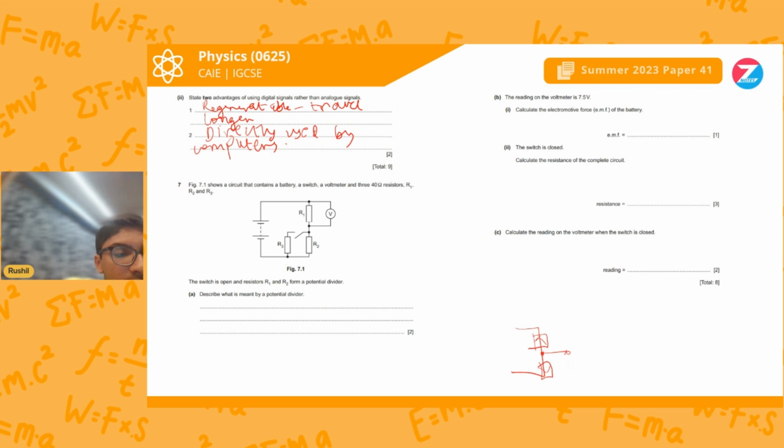So we can write it divides the potential difference or EMF or voltage, whatever you wish to write, into two different components based on the proportion of the resistances. So basically, the potential divider can't change the current in the circuit.